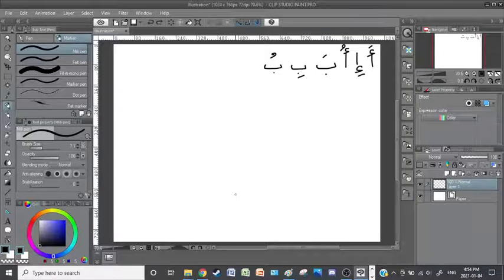Okay, so let us, why is the cursor, there we go. The letter with the pan shape and the dots above, and the pan shape with the dots below, and the pan shape with the small waw.